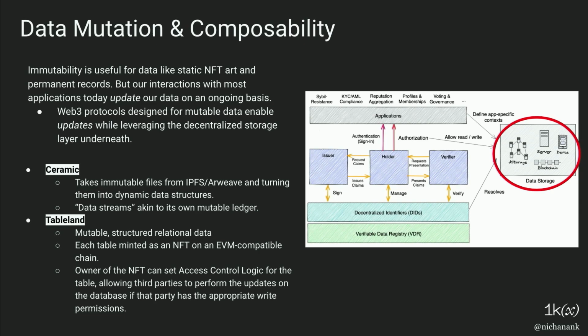For example, Ceramic takes immutable files that are stored in IPFS and builds a mutable layer on top of it where you can update your profile, and it gives a snapshot or a data stream. And then when applications read from the Ceramic stream, it gives the latest updated data. Tableland is another example where you're essentially minting databases as NFTs.